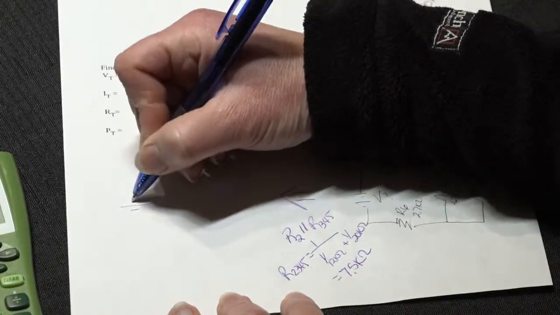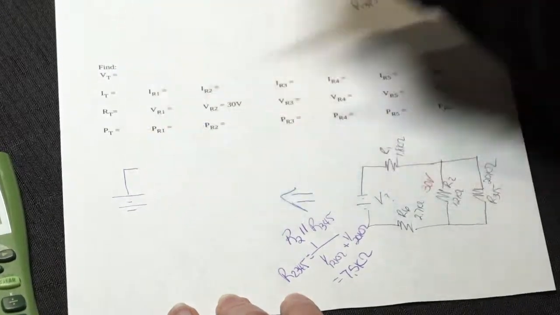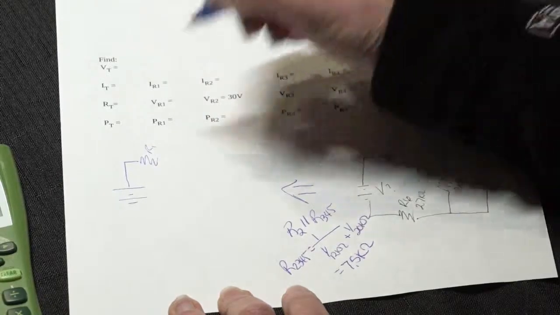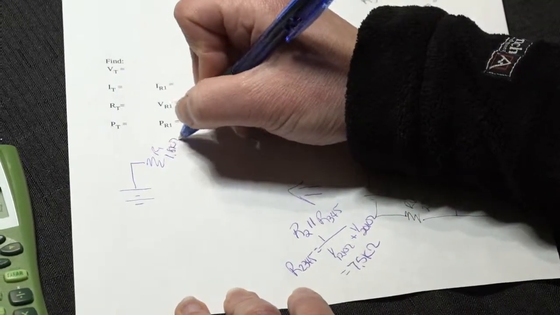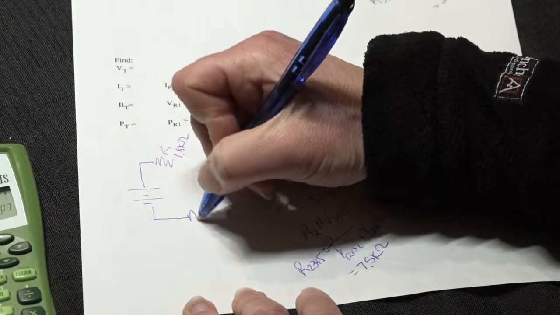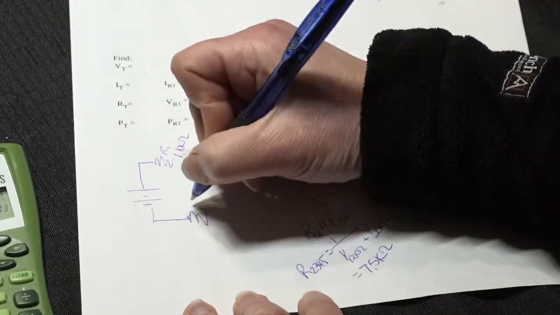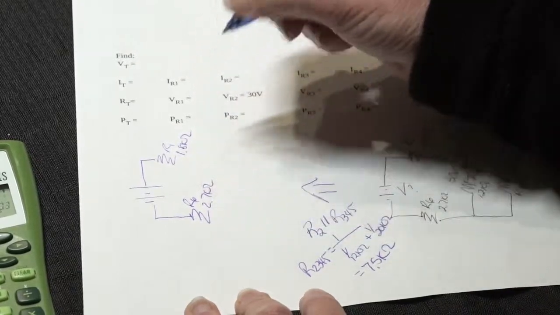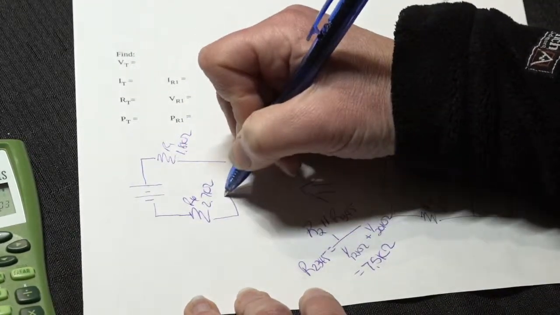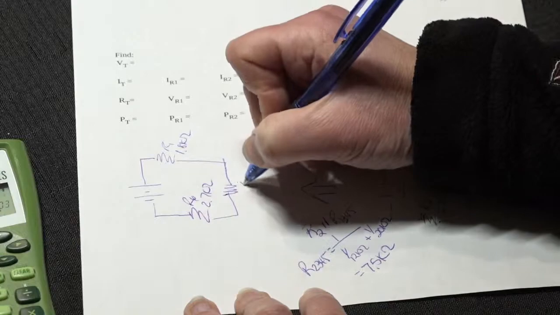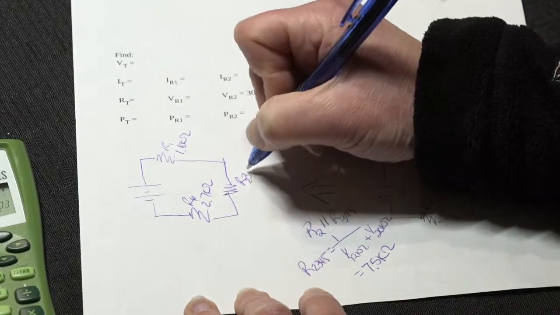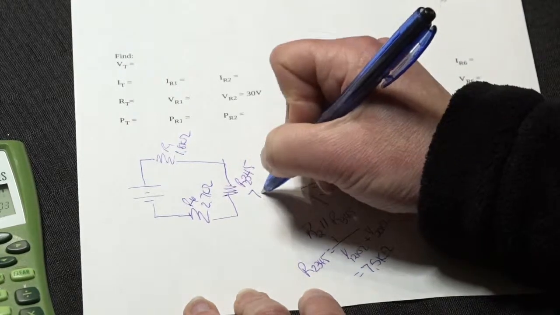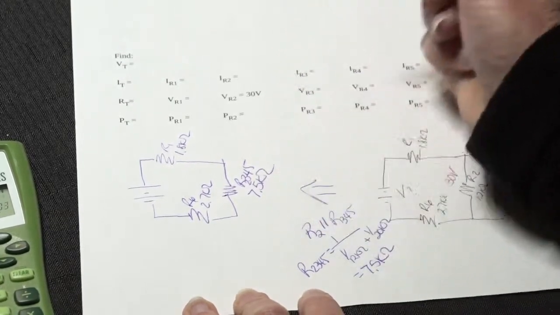So we still have our voltage source, and we have our R1 of 1.8K ohms. We have our R6 of 2.7K ohms. And then we have, last but not least, our R2345 combination, which is 7.5K ohms.